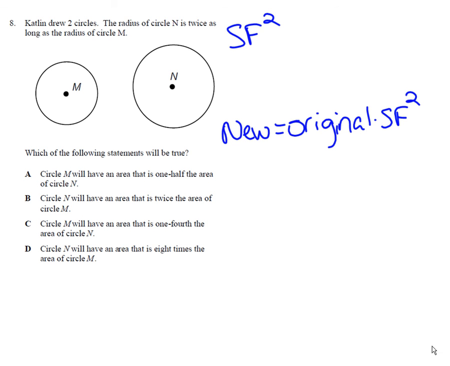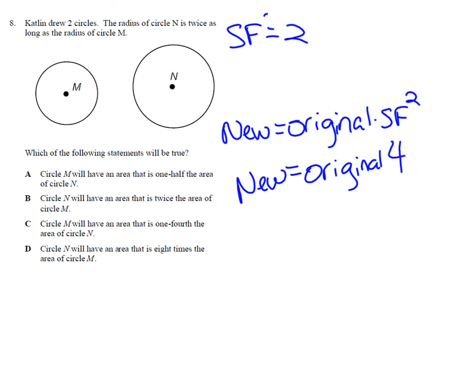If it's twice as long, that means our scale factor is 2, which means scale factor squared would be 4, which means our new shape is going to be equal to the original shape times 4. So which of these statements make sense?